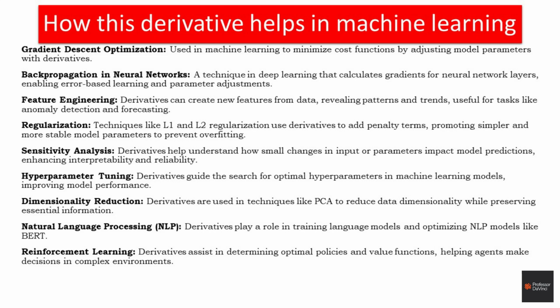Natural language processing. Derivatives play a role in training language models, optimizing NLP models like BERT. Reinforcement learning. Derivatives assist in determining optimal policies and value functions, helping agents make decisions in a complex environment.